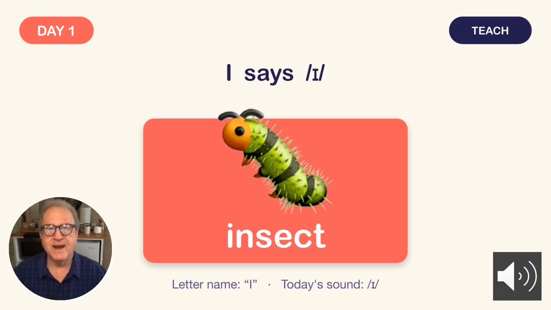And what is the sound of the I in insect? Insect. I. So I makes an I sound in insect. Who likes insects? I don't like insects. Insect.